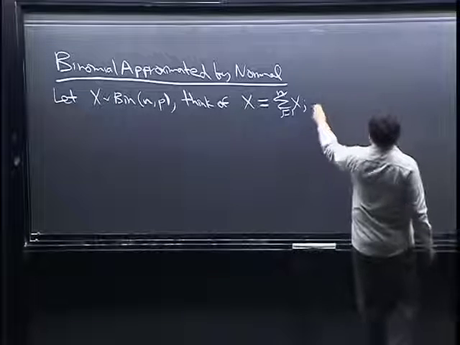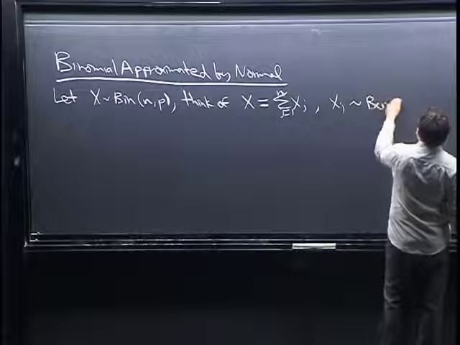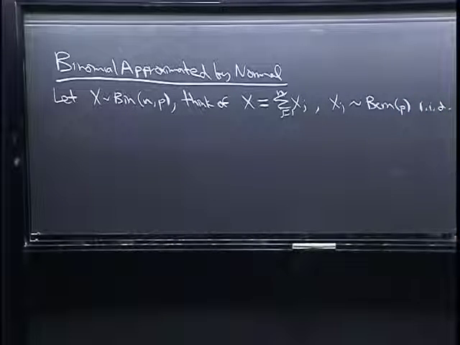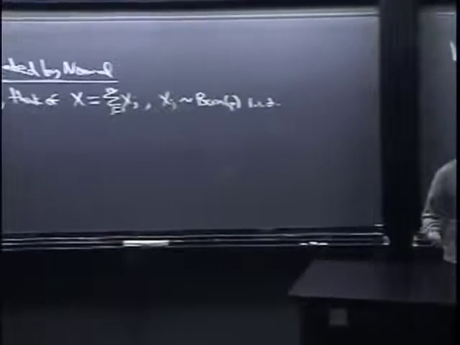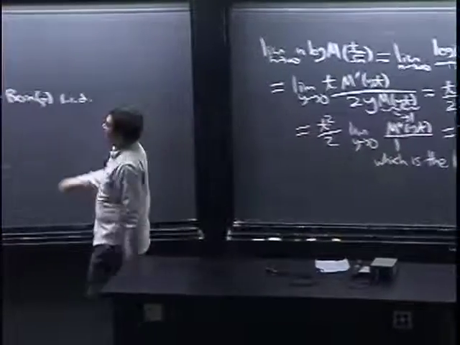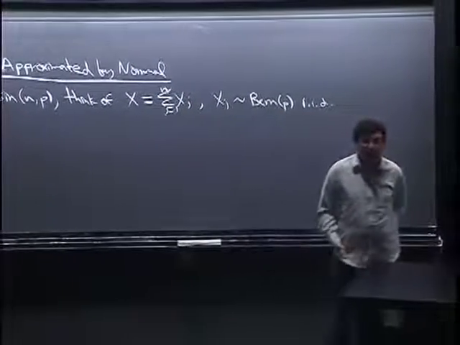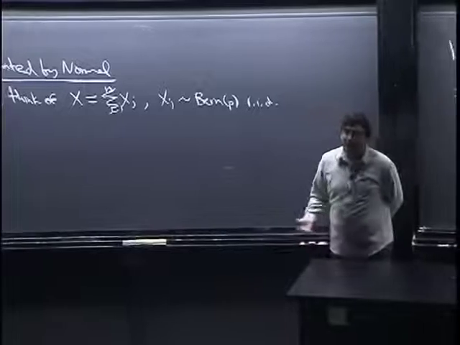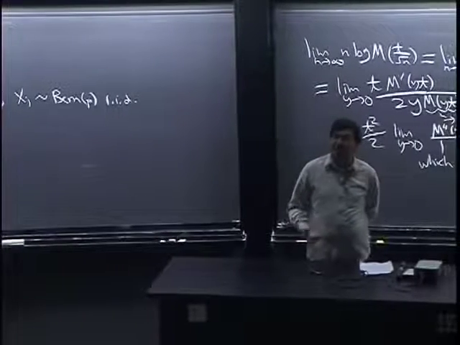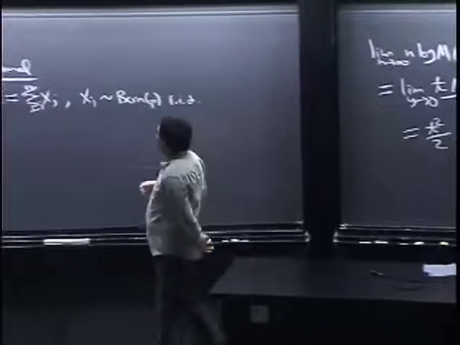So the X_j are IID Bernoulli(p). So this does fit into the framework of the central limit theorem. That is, we are adding up IID random variables. So the central limit theorem says that if n is large, this will be approximately normal, at least after we have standardized it.